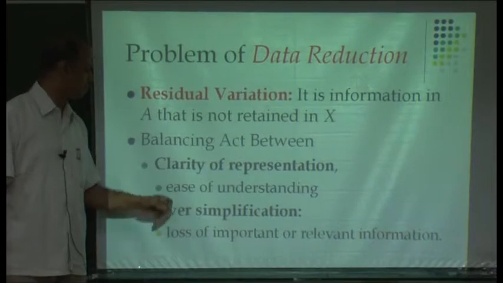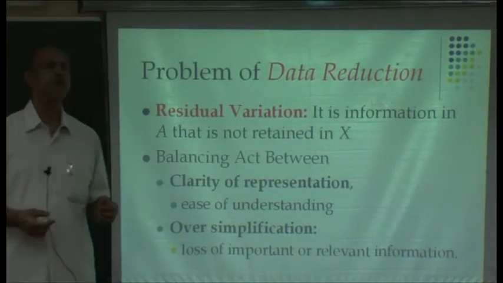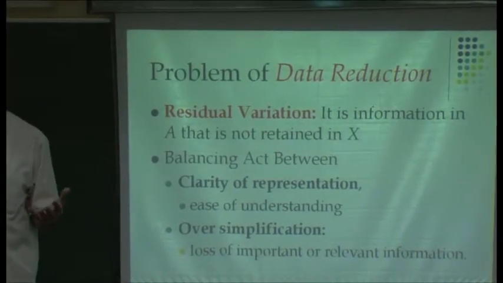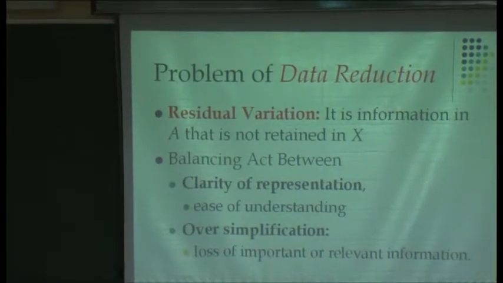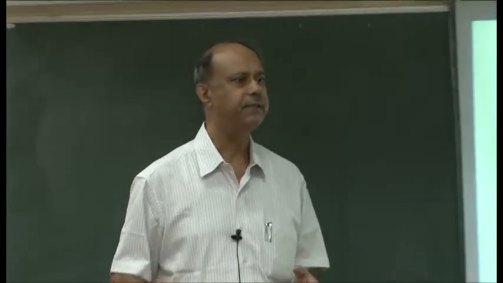between the clarity of representation and oversimplification. By clarity of representation, I mean that whatever data you have, you must be able to get a proper representation. If I have the matrix A itself, n cross p, obviously you will get the same matrix; everything will be there.